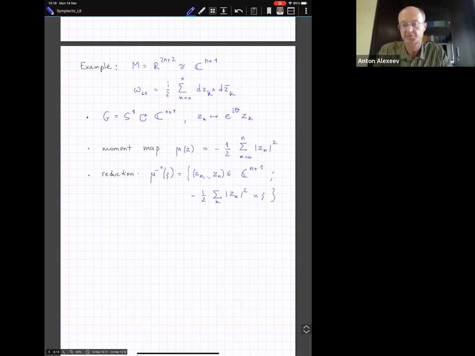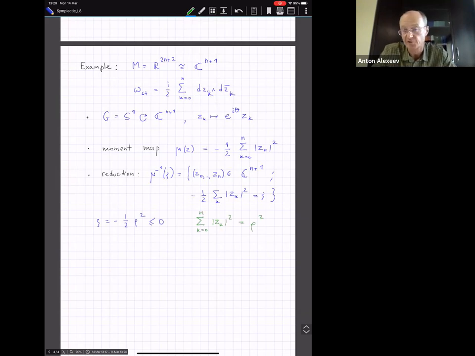Obviously, this psi had better be negative or 0 in order to get a non-empty level set. And of course, it's convenient to use notation: psi is -1/2 rho squared, so rho squared is greater or equal to 0. So this equation now would read sum over k from 0 to n of z_k squared equal to rho squared.